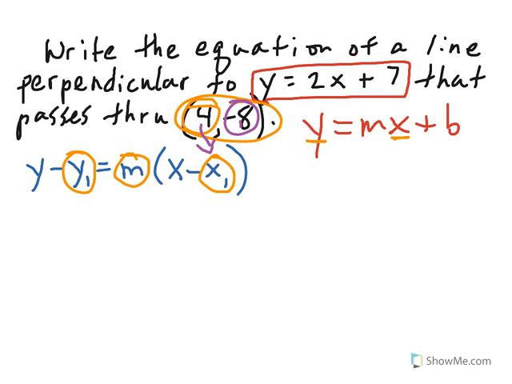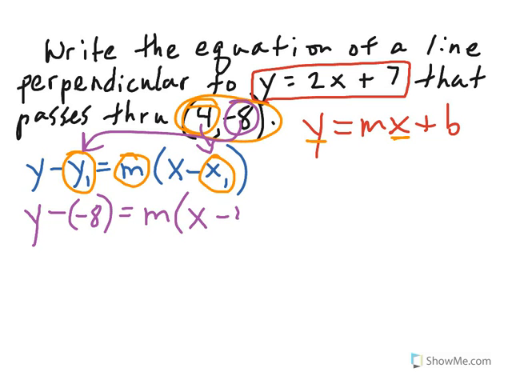That's a y-coordinate. Let's put it right there. So we get y minus negative 8 equals m times (x minus 4). Now we can clean this up just a little bit and make it y plus 8 equals m times (x minus 4).